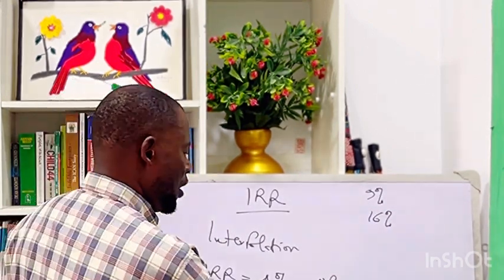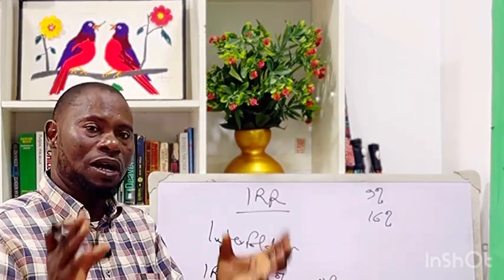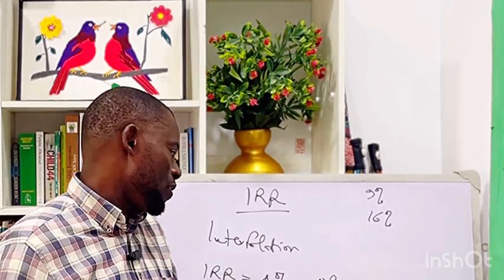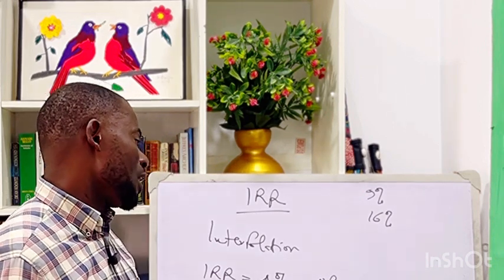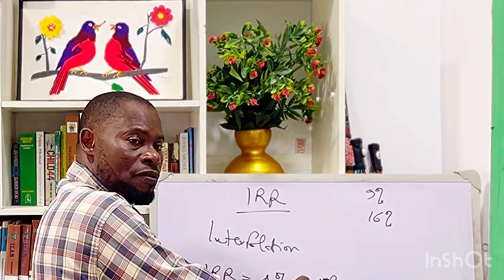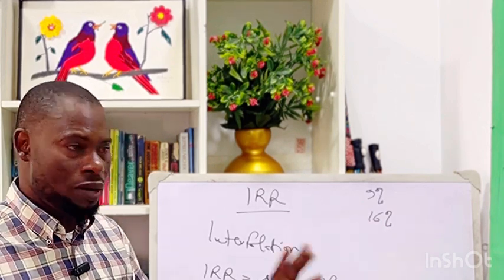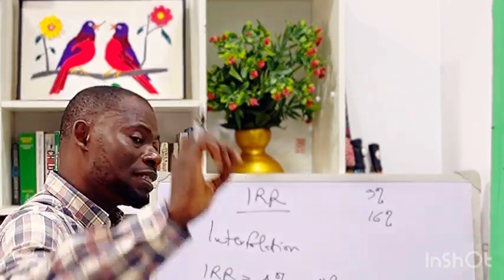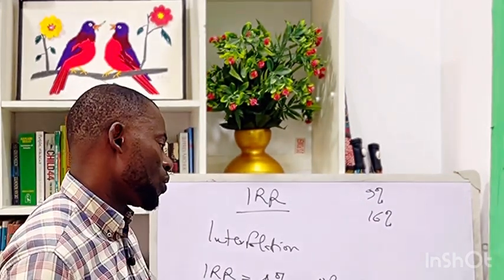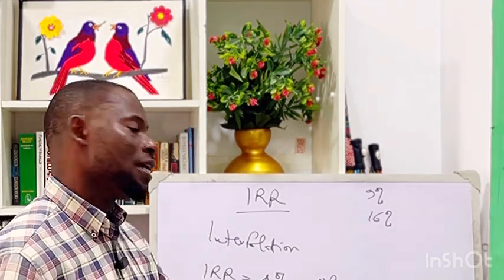So, if you know this to be A% and B to be this, then that is that. Now, let's get to NPV A. What is NPV A? The NPV A is the value that you calculated in your first trial, which gave you the positive NPV. In other words, the NPV value you got from using this cost of capital is what we call the NPV A. It could be 20, it could be 40, it could be 1, it could be 2, whatever that value is, that is your net present value. Value, not percentage. And NPV B is the one that is negative.